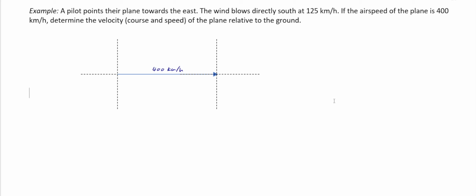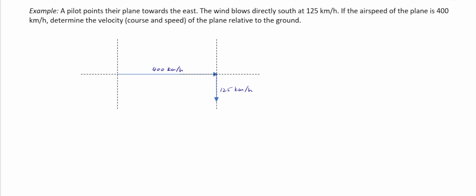There's my compass axis, and then I'm going to go directly south at 125 kilometers per hour. We'll say maybe that right there, roughly, maybe even a little bit less. There we go. So that right there is 125 kilometers per hour, and the airspeed of the plane is 400, which we already have.